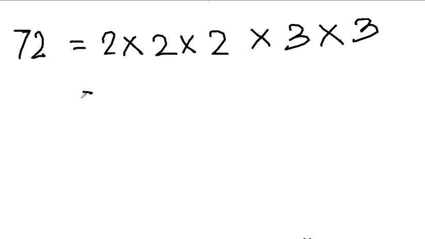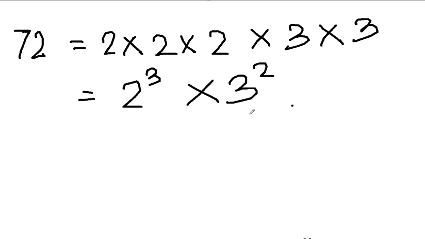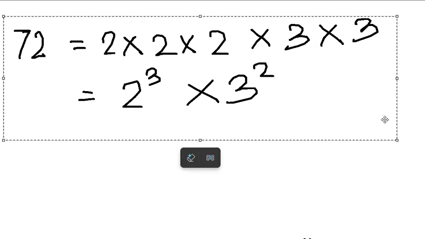Now what does that mean? It means 2 raised to the power of 3, or 2 cubed, times 3 to the power of 2, or 3 squared. We can write it like this. I hope you understood till now whatever I have done. Moving to the next part.